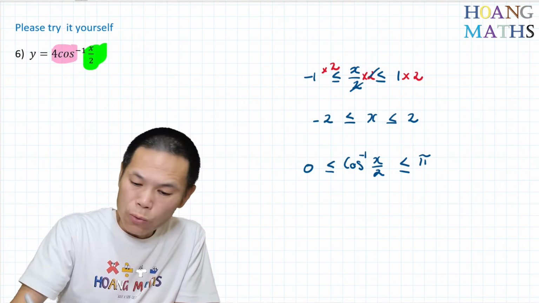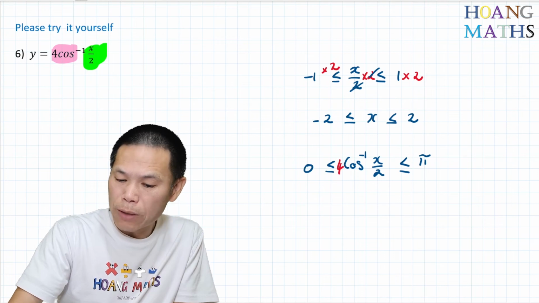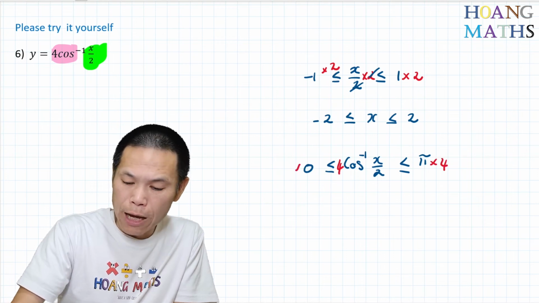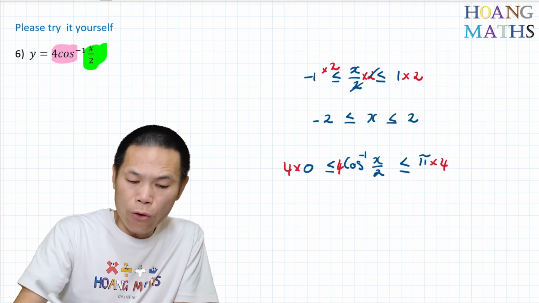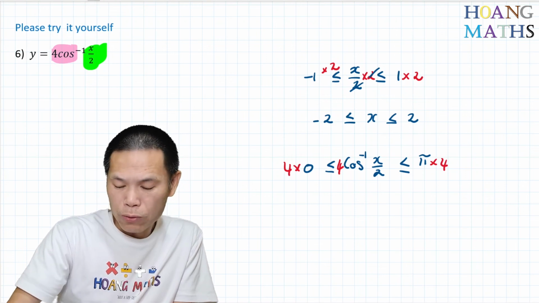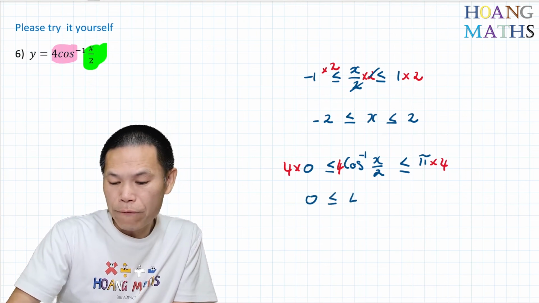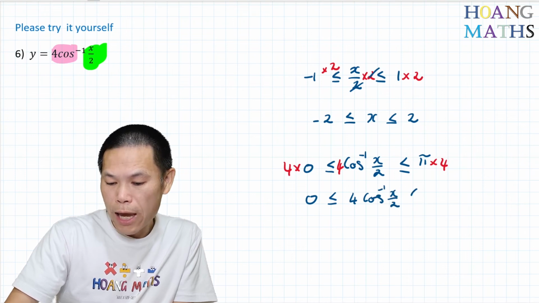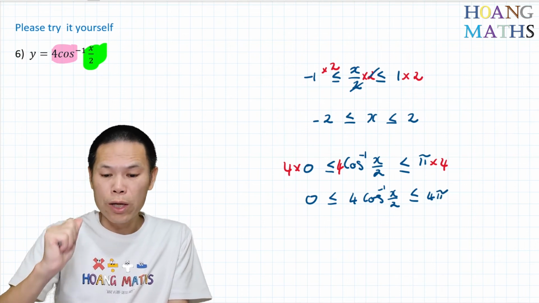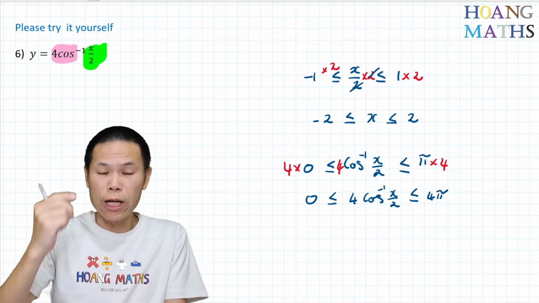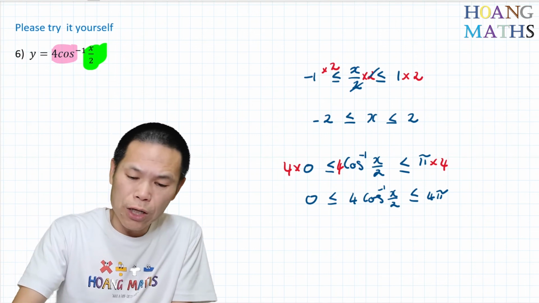So therefore, we times this by 4. So this must times by 4, and this is times by 4. So 0 times 4 is 0. And this is 4 cos inverse of x over 2, and this is between 0 and 4 pi, because pi times 4 is 4 pi. So let me just write down the range and domain first.